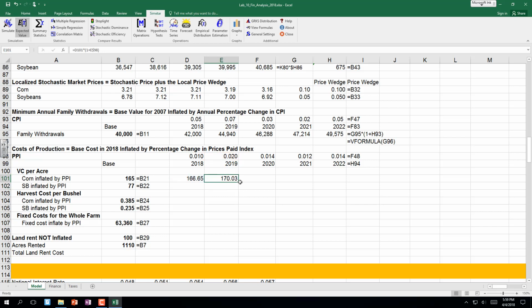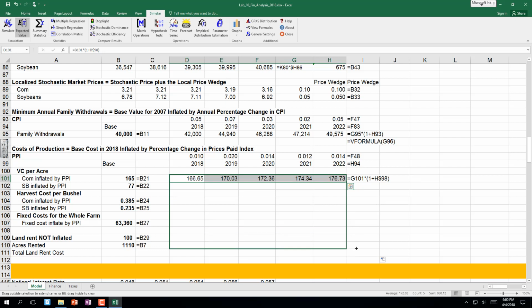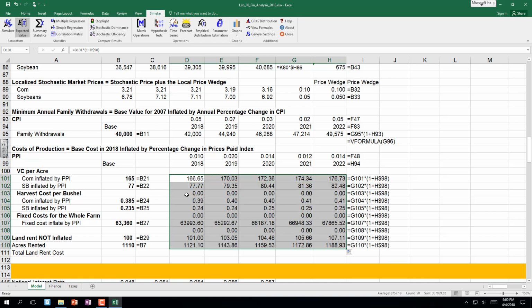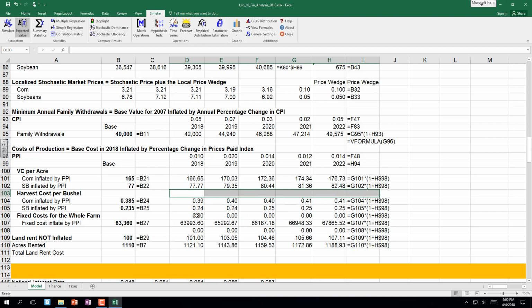Now that formula should be able to be dragged across like that. And okay, now, same type thing, I should be able to drag this formula down all the way to row 110. And I'm going to come back and delete the zeros out of that.